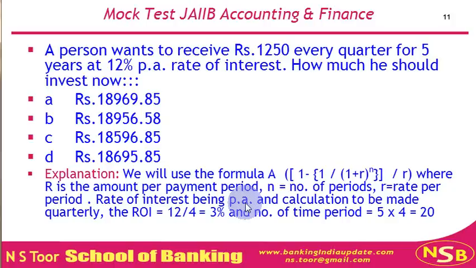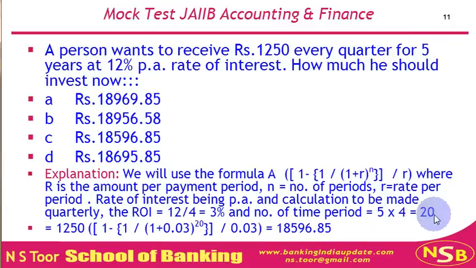The calculation here will be made on a quarterly basis. So 12% per annum is the rate of interest per annum. Quarterly rate shall be 3%. And the number of quarters in 5 years: we have 5 into 4, 20 quarters.